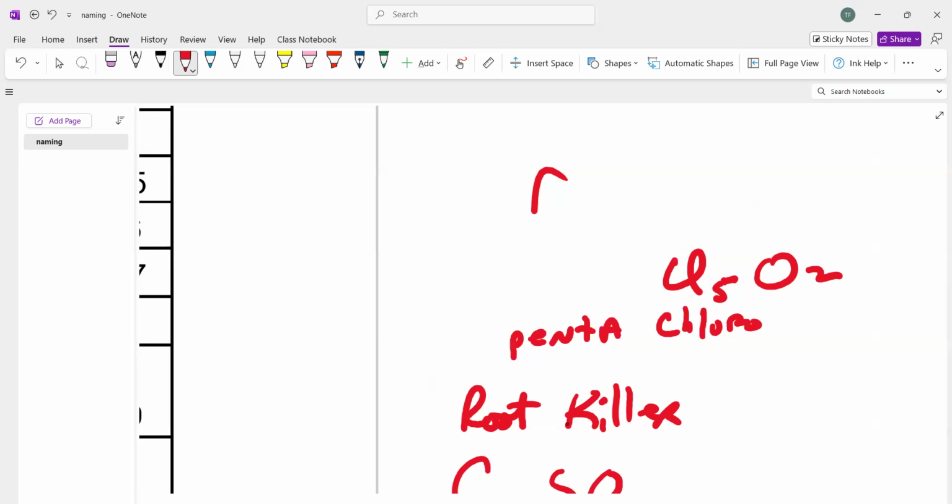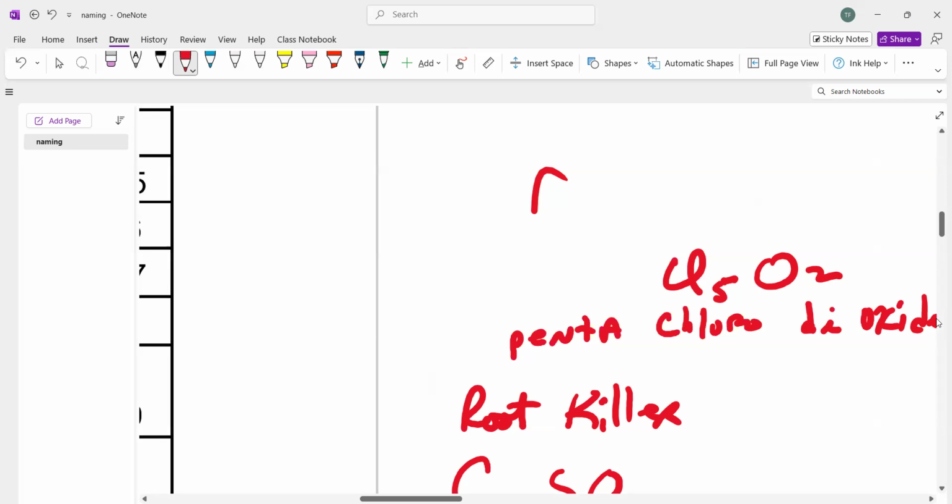How many oxygens? So pentachlorodioxide. No charges to worry about. And because there aren't charges to worry about, we have to say the number.